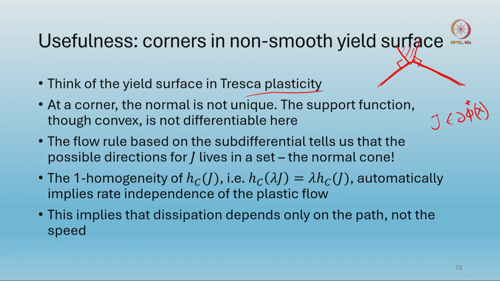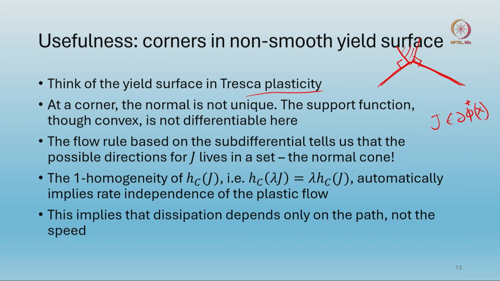In other words, it may turn out that not only are J, that is the plastic strain rate, and the stress not collinear, but also there could be multiple plastic strain rates possible, multiple directions for plastic strain rate possible for the same sigma 0. That is a very important point. It is not covered properly in classical plasticity.